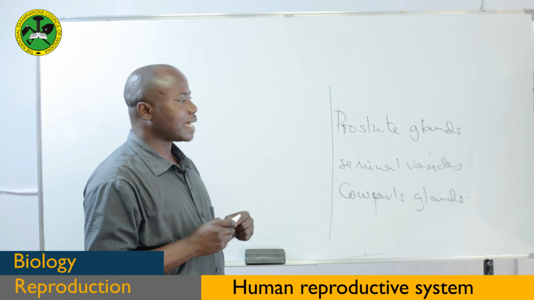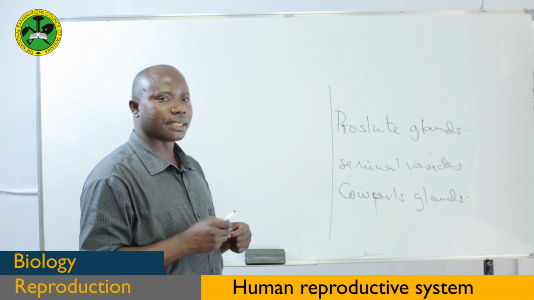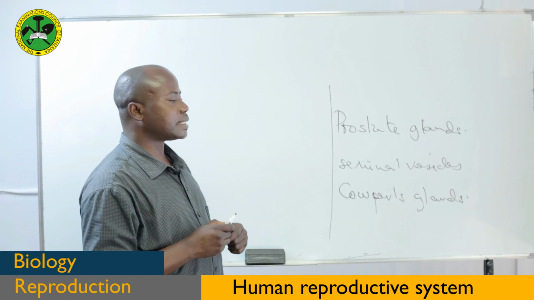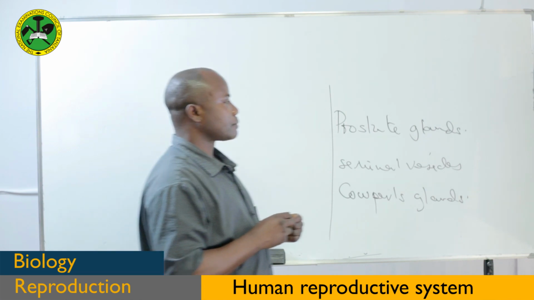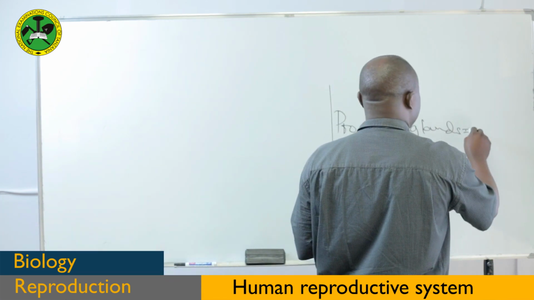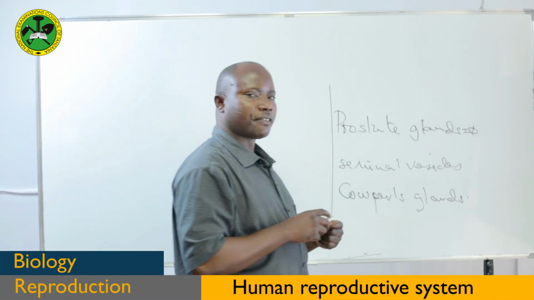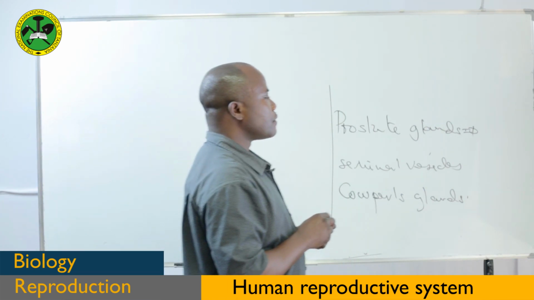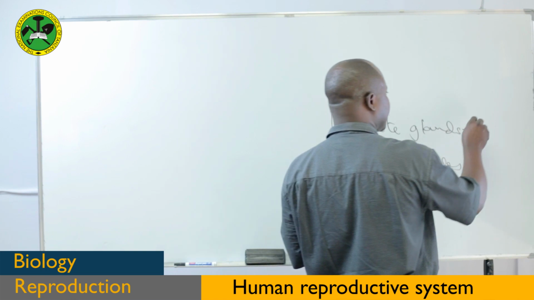Let me highlight some of the important things that are done by these accessory glands. We said the prostate gland produces a fluid that contains phospholipid and fatty acid.